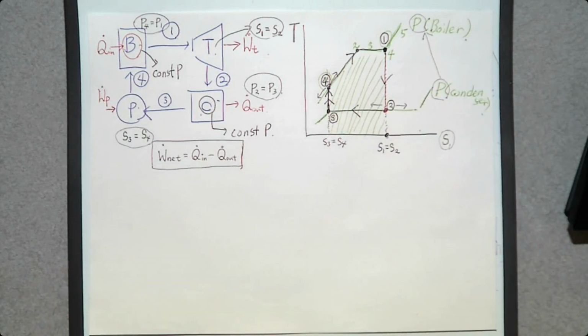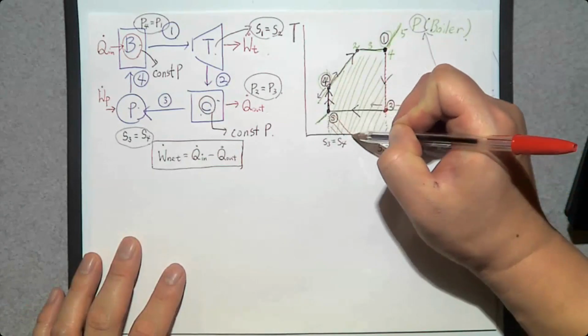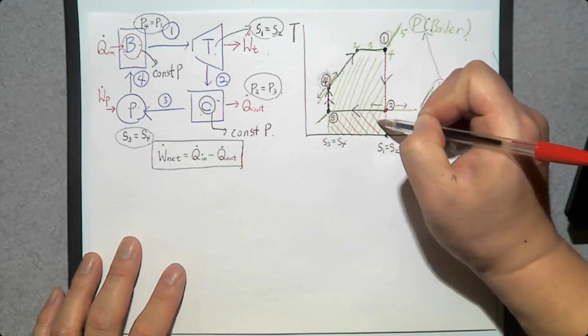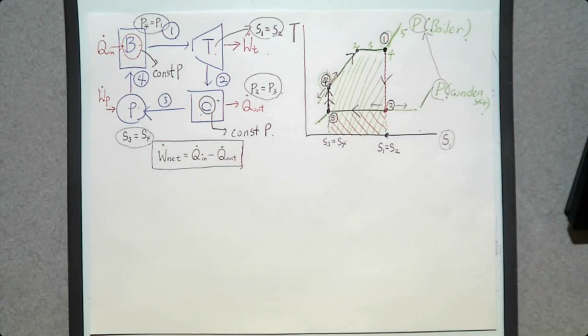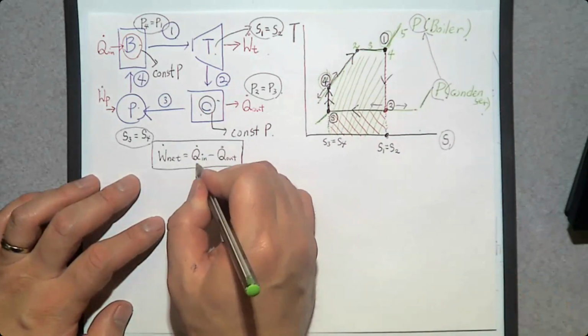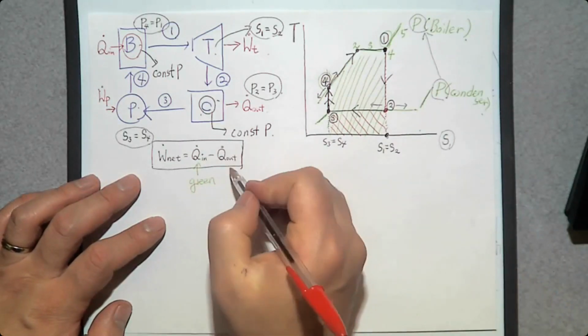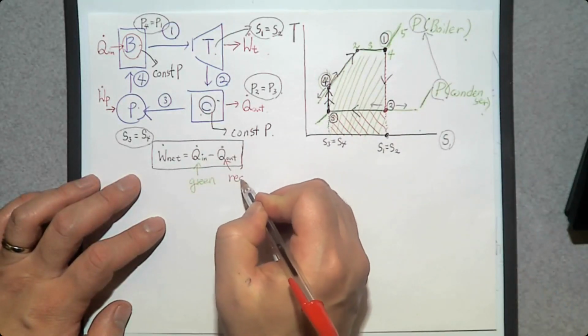Then what about Q dot out? Q dot out is the heat rejection between 2 and 3. So this red. So what is green minus red? This one is green, this one is red.